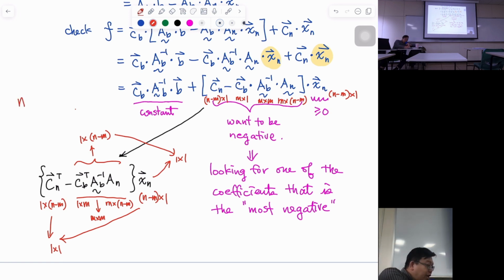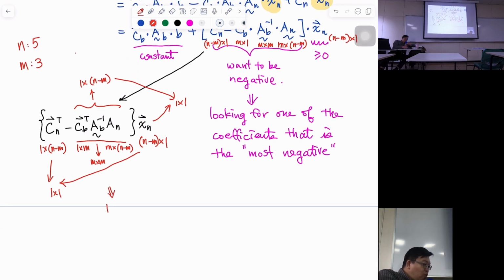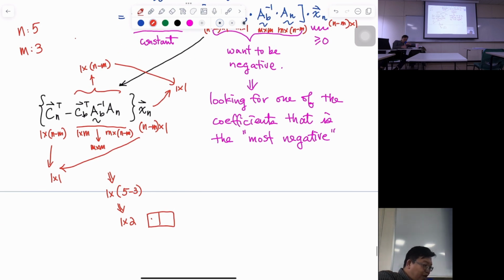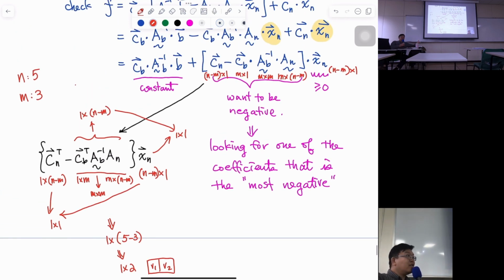Let's say you have 5 variables, and if you have 3 constraints, then in this case you have a 1 by 5 minus 3 vector. So you have a 1 by 2 vector. It's like 2 values, a value 1 and value 2. They could be different. You need to choose the most negative one from those 2 values.